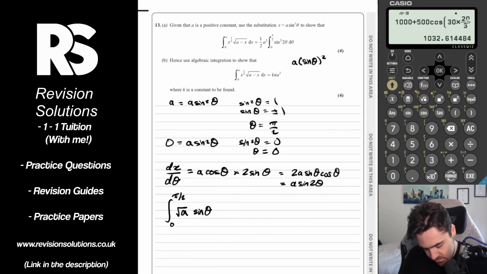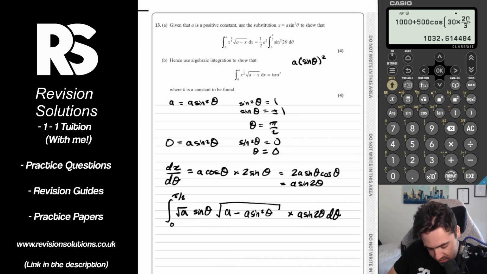And then we've got the square root of a minus x, which is just a minus a sine squared theta. And then we've got to replace our dx with a d theta. So we knew here that dx d theta was a sine 2 theta, so dx must just be a times sine 2 theta d theta. So we'll plug that in at the end as well. So times a sine 2 theta d theta.